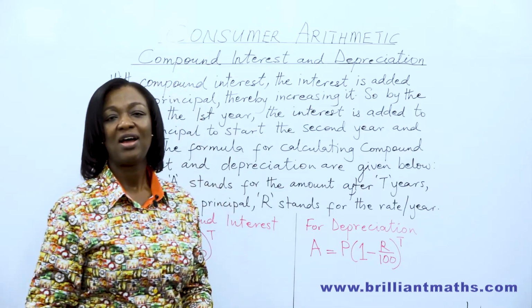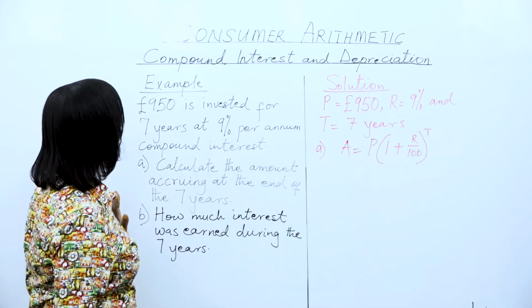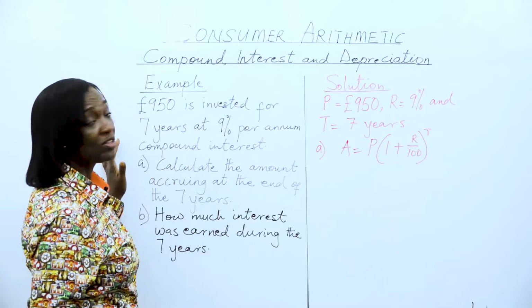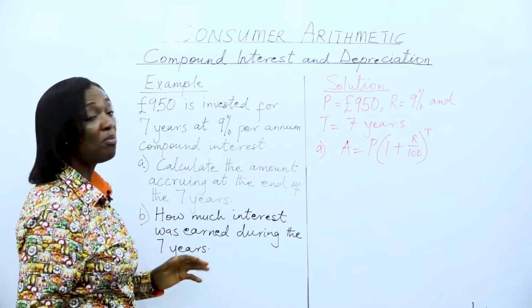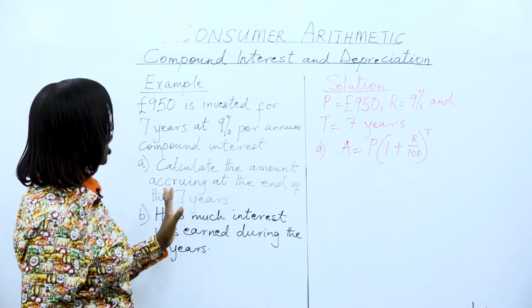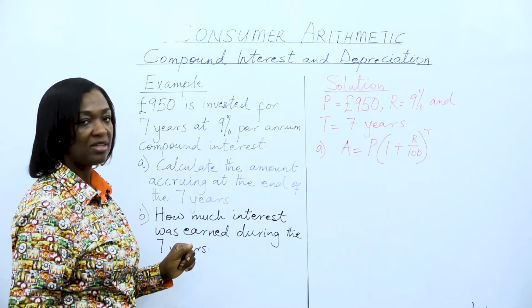Let's look at an example. Let's do this example together. £950 is invested for 7 years at 9% per annum compound interest. First, calculate the amount accruing at the end of the 7 years.